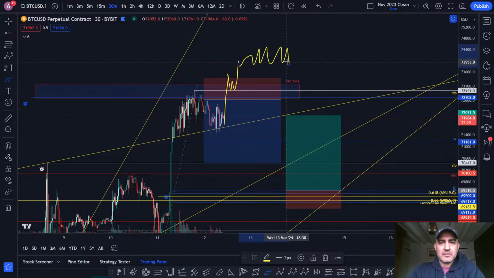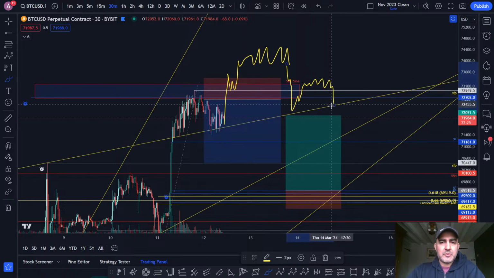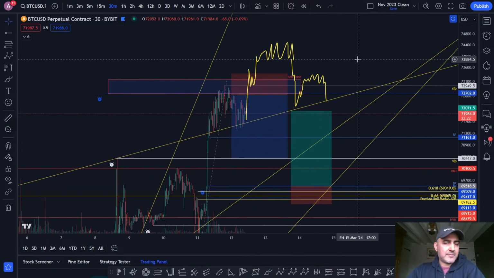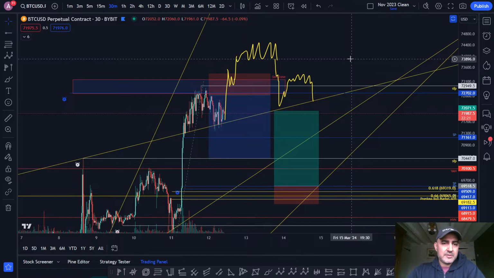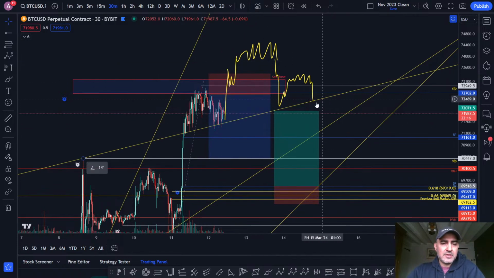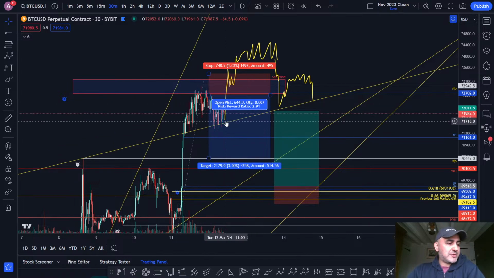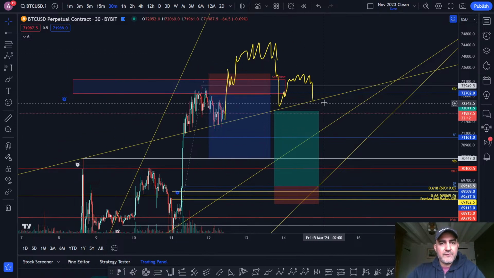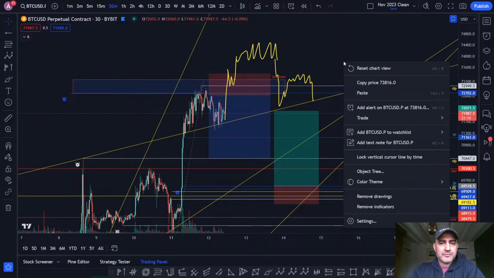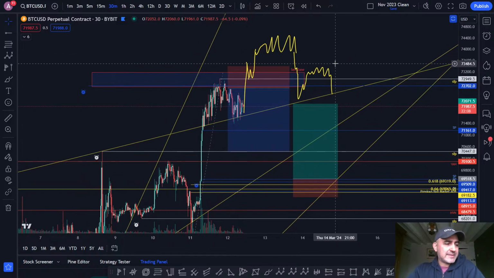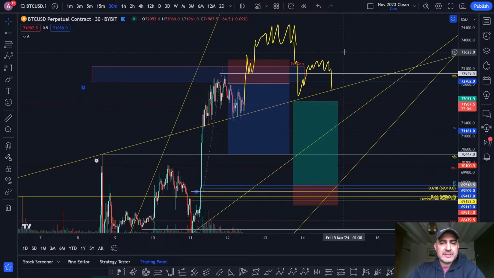Okay, and guess what we're forming? Yeah, you see, you have to be prepared for that, because we could also be right now on the left shoulder of some sort of longer head and shoulders pattern. All right, or something else. I'm not saying this is going to happen.